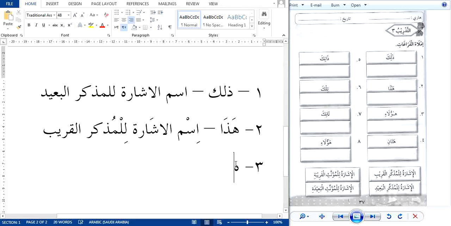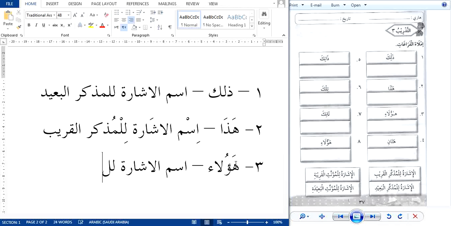So هؤلاء is اسم الإشارة للمذكر والمؤنث القريب.